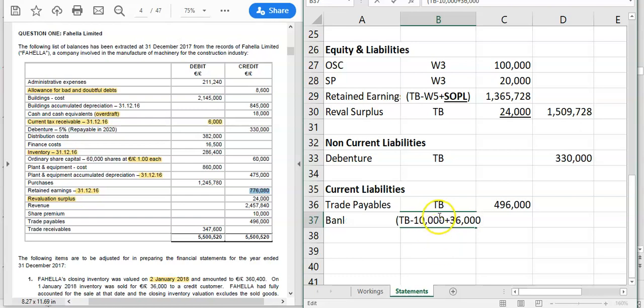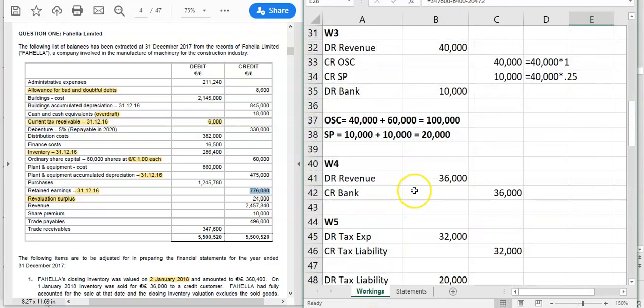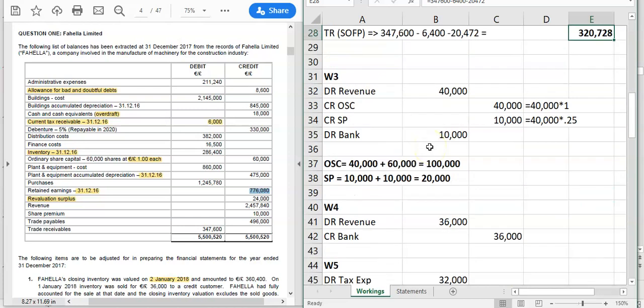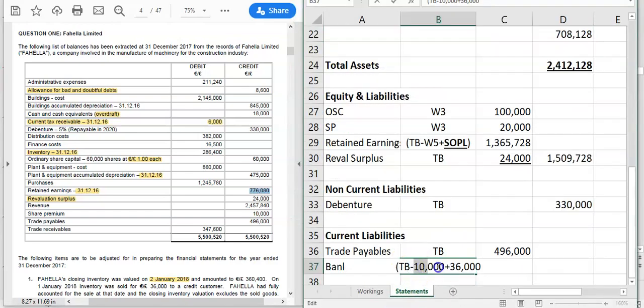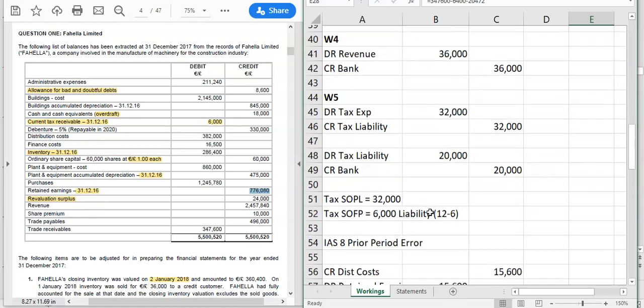So if you want to cross-reference the workings instead, probably be easier. That is going to be, just double check it here. Working 3 and working 4. So here we'll do minus working 3 plus working 4. What else do we have then?